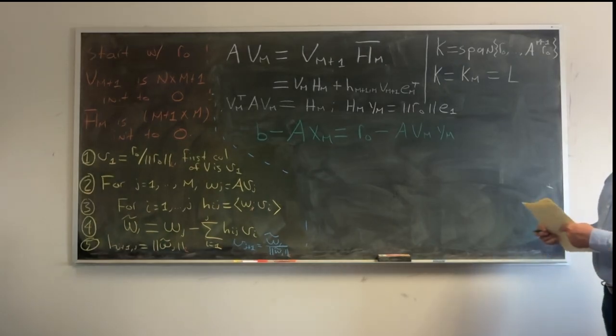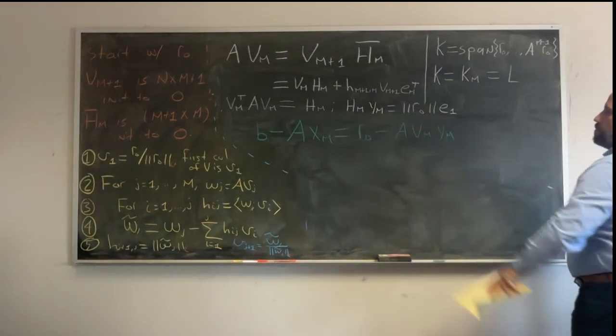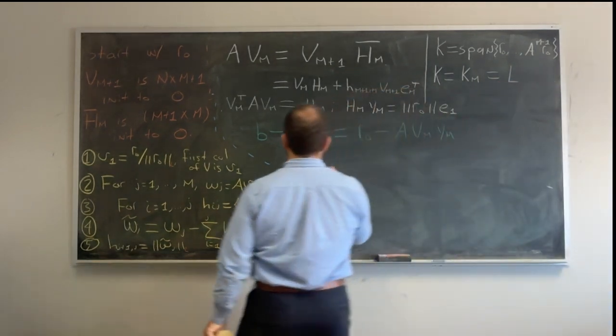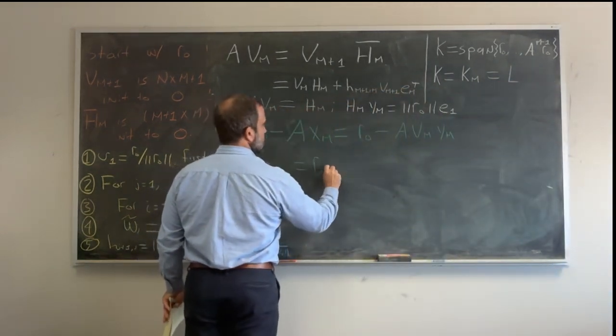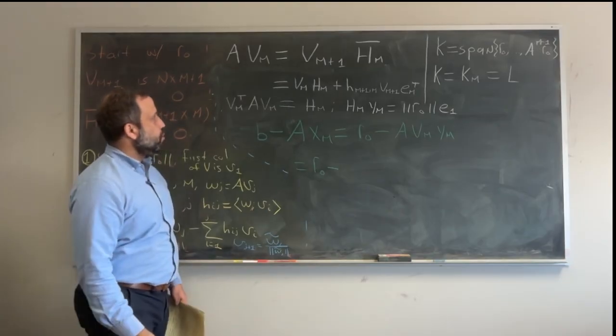Okay, AVM, we have a formula for AVM. It's given by this up here. So what this is, we're going to have R naught minus AVM YM.